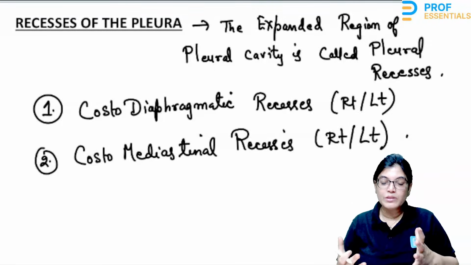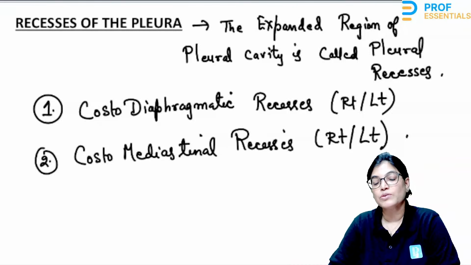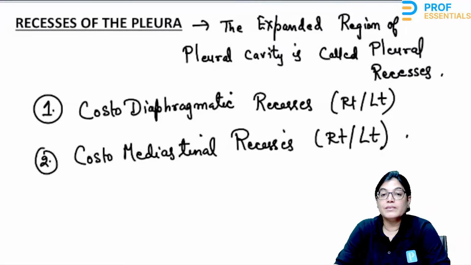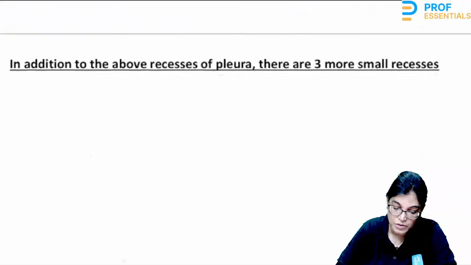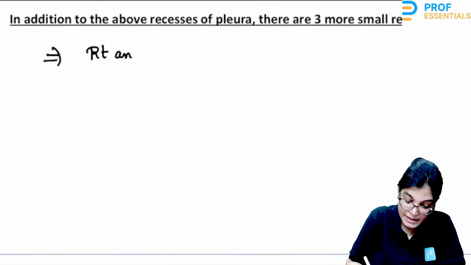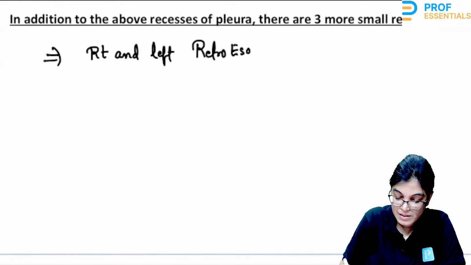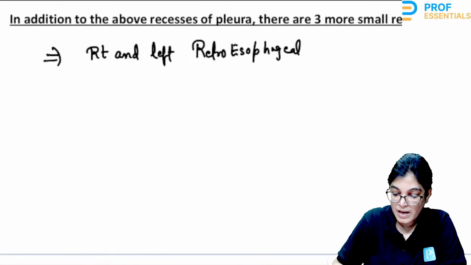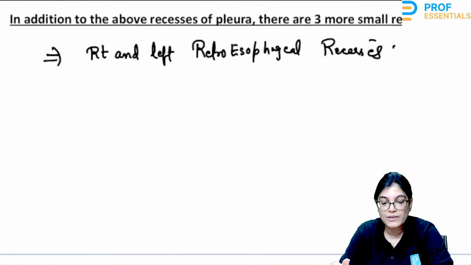In addition to these important recesses, the costodiaphragmatic and costomediastinal recesses, we have three more recesses: the right and left retroesophageal recesses and the infracardiac recess. The retroesophageal recesses are minor recesses, formed by the reflections of mediastinal pleura lying posterior or behind the esophagus.